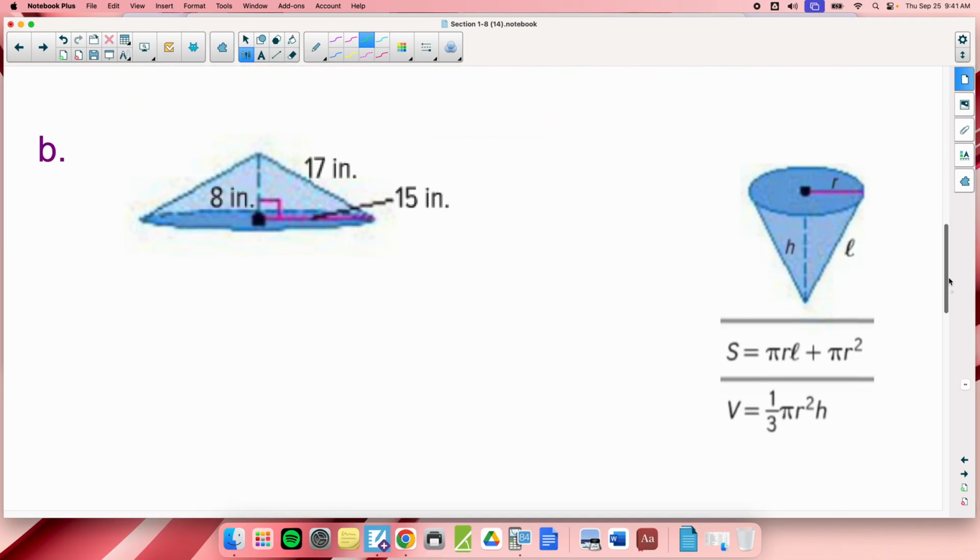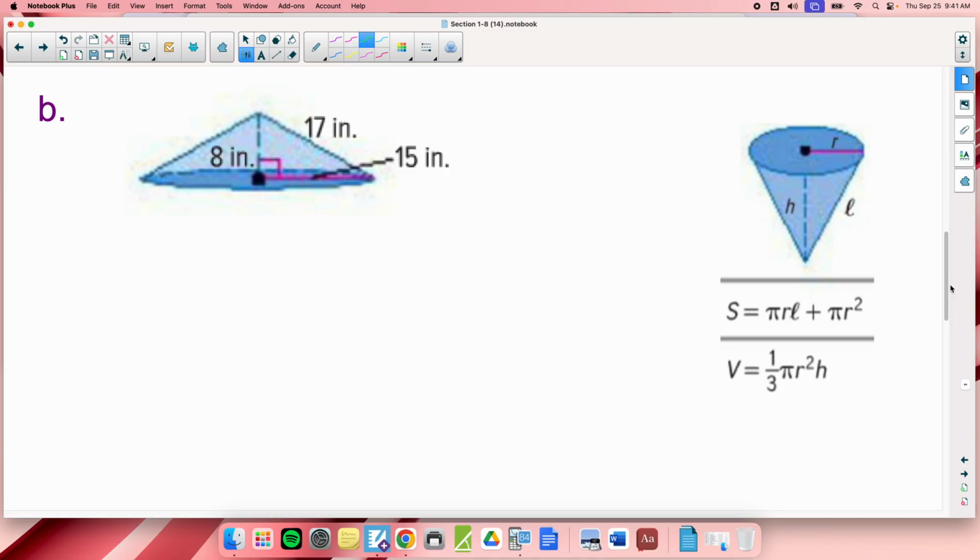Now let's go down here and we're gonna do a cone. So this kind of looks funny, but this is a circle base. I think when I copy and pasted it, it kind of got scrunched down, but that is a cone, okay? Now, when you guys do a cone, you're always going to be given 3 things, okay?